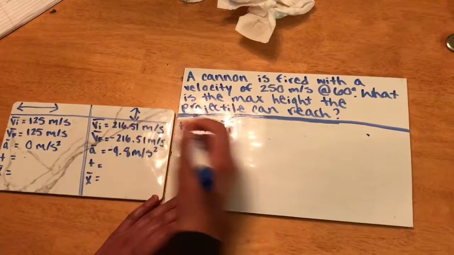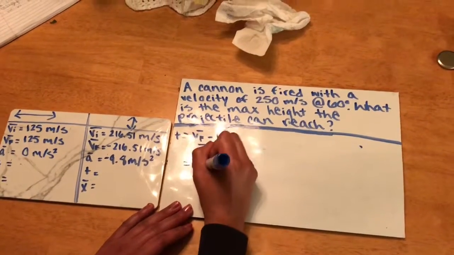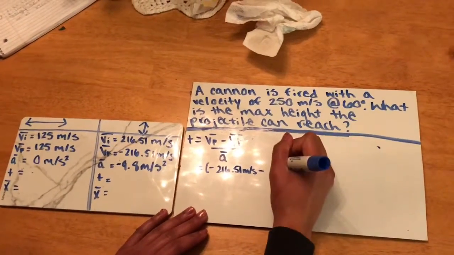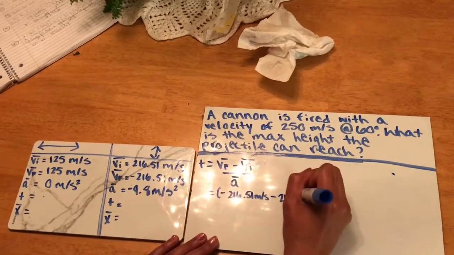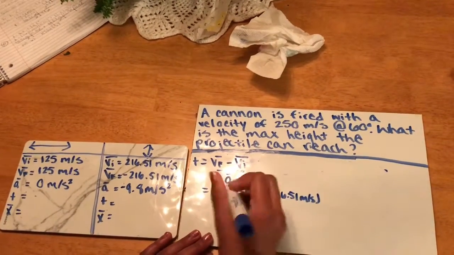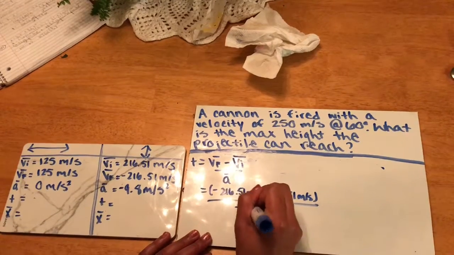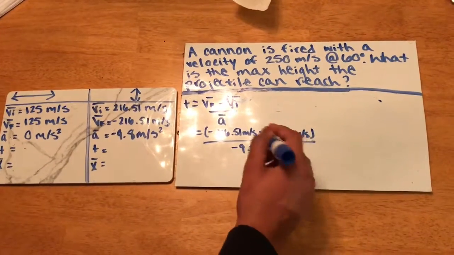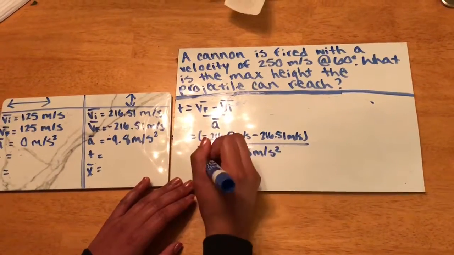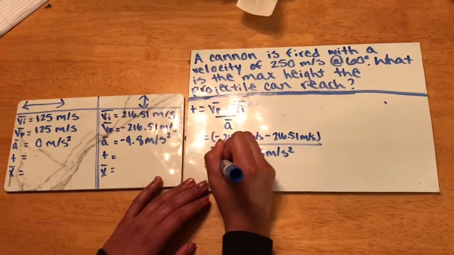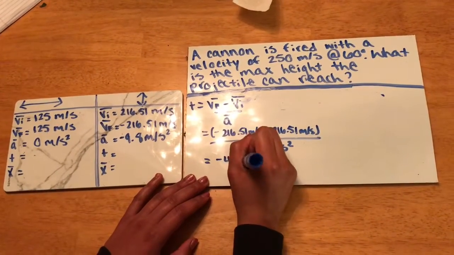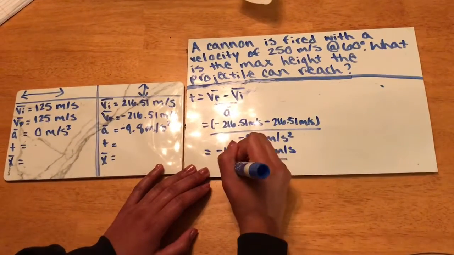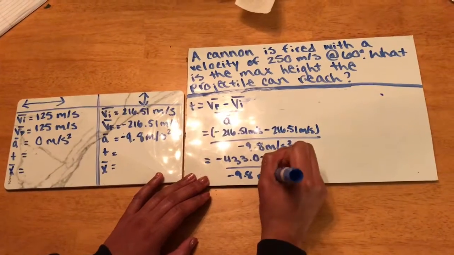We can fill that in with our final velocity, which is negative 216.51 meters per second minus positive 216.51 meters per second for our acceleration, which is negative 9.8 meters per second squared. Before I do unit analysis, I'm going to simplify this down by subtracting these two, and it becomes negative 433.02 meters per second over negative 9.8 meters per second squared.